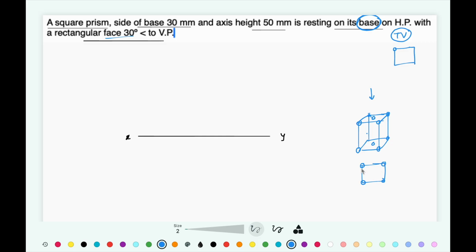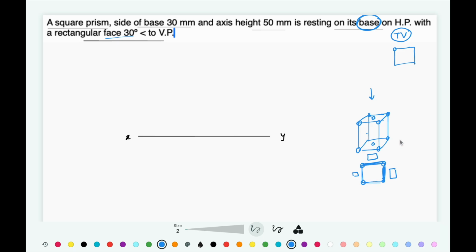So that way this straight line is going to be one of the rectangular faces. This line is going to represent another rectangular face. There is going to be one rectangular face represented by this line, and similarly by this line.